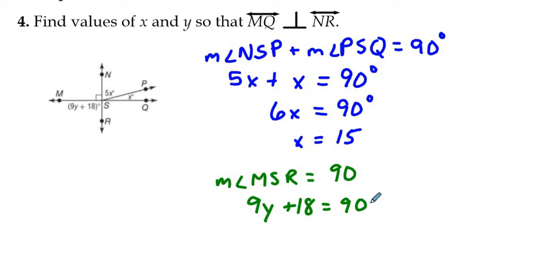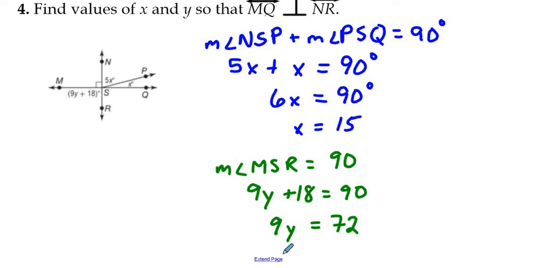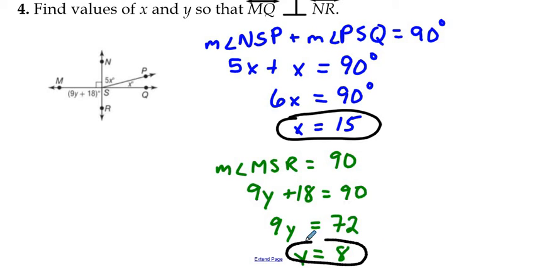That has to equal 90. We'll subtract 18 from both sides. We'll get 9y equals 72. And then if we divide both sides by 9, we'll get y to be 8. And those are your two answers for that problem.